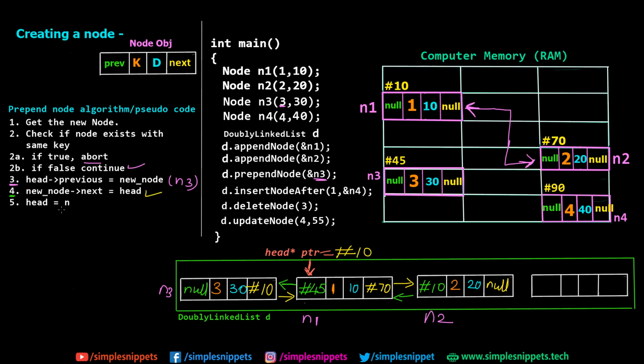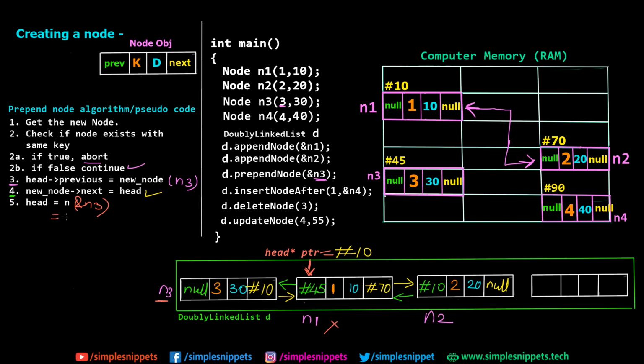Now moving on to the last step, head is equal to n. Now we've made the linking over here, but we know after prepend, the new head is n3 and not n1, right? So the head pointer is still having hash 10. So that also has to change, right? So now we say head is equal to n. And now n is basically this newly passed n3. Okay.